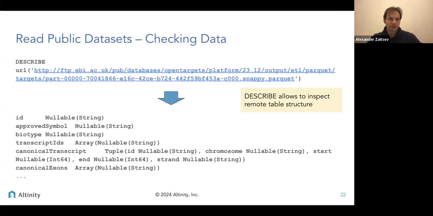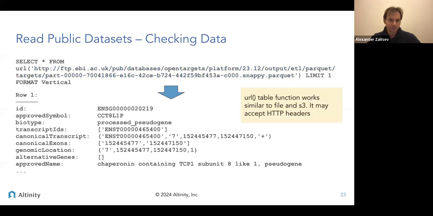So ClickHouse can use the describe command in order to describe the structure of a remote Parquet file. We can see that this is quite a complicated structure with a lot of arrays, a lot of tuples, but this is real data. So we can try to load it.